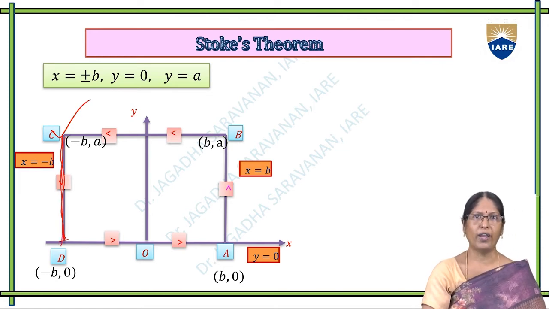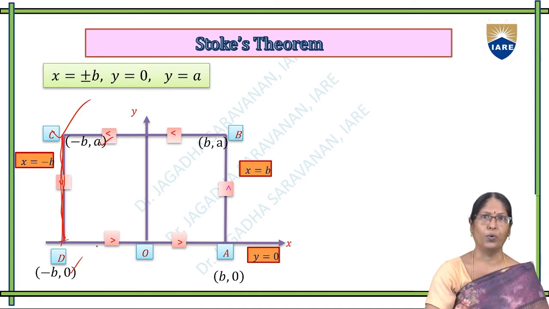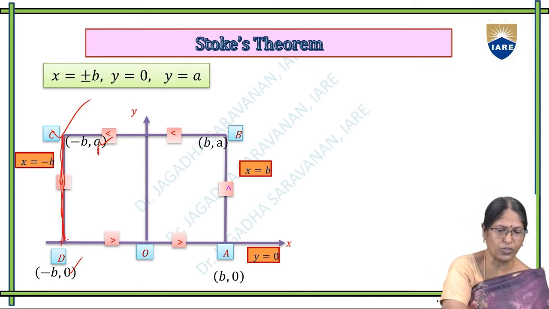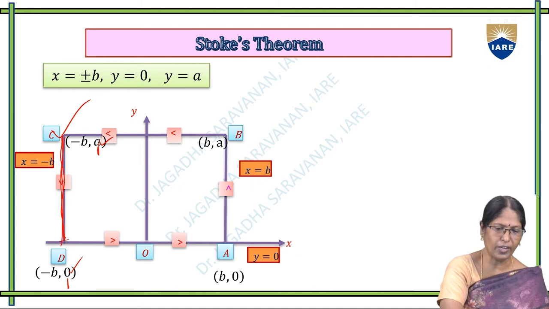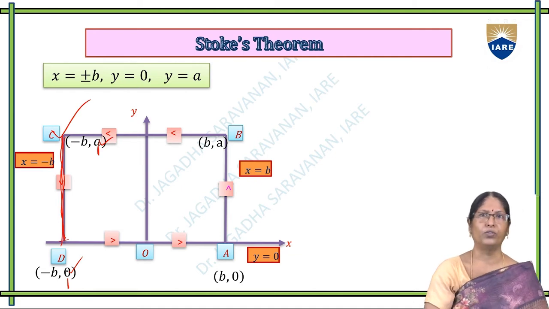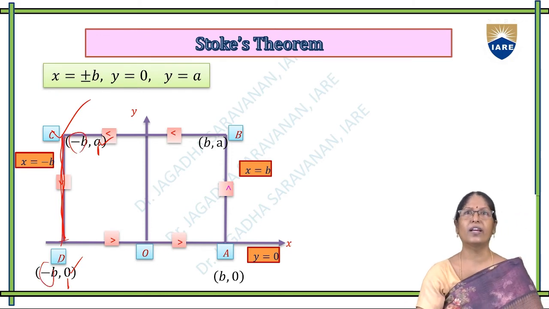When it is in the y direction, y varies from A to 0. That is, in the coordinate, the y position is A here and 0 here, so the integral is over A to 0. What about x? X is nothing but minus b, and dx equal to 0.